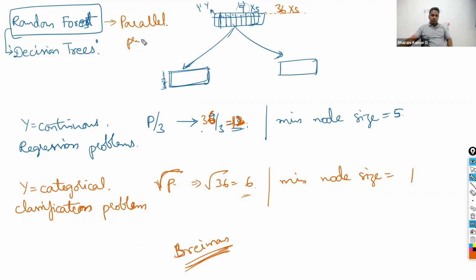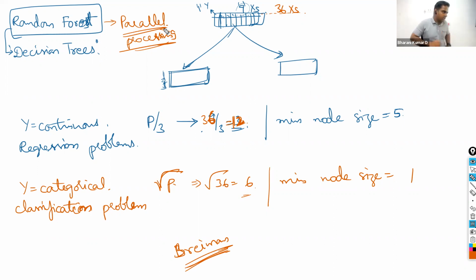So once again, parallel processing is possible when it comes to random forest. Similar to bagging, you can do parallel processing here as well. So first we understood decision tree, then we understood bagging. Now we are understanding random forest in a structured manner.